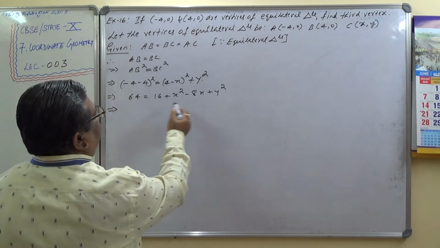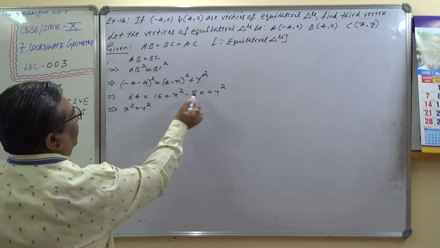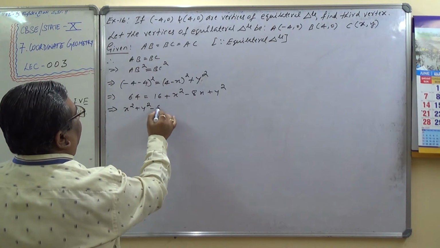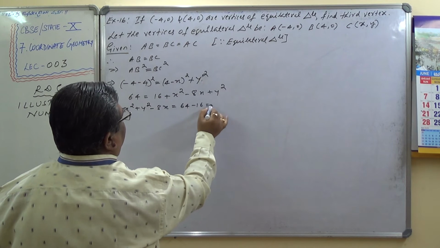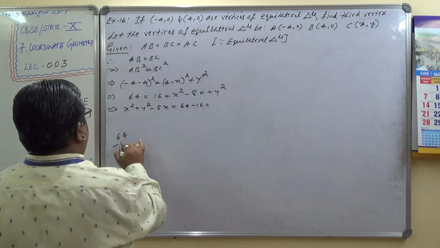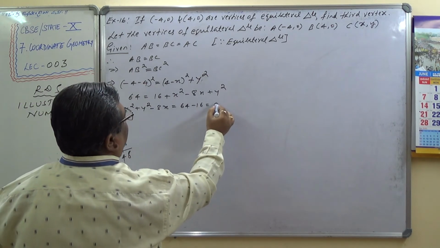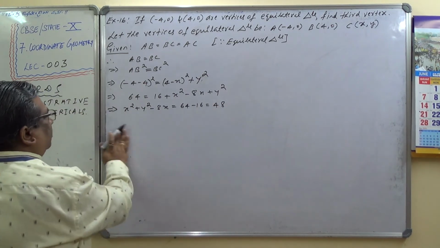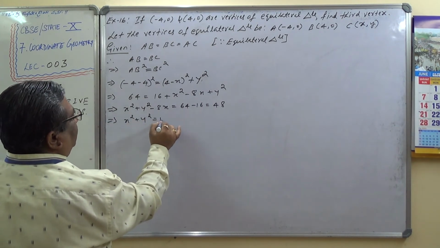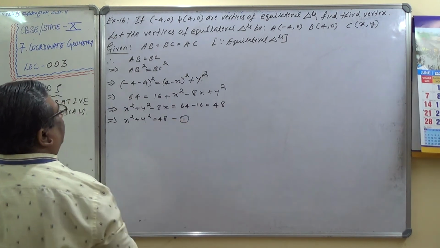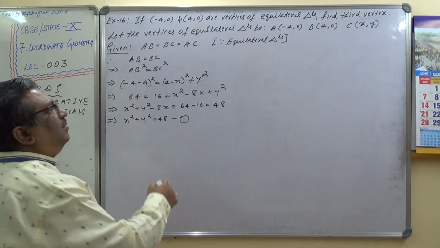So 64, 16. Therefore x square plus y square minus 8x is equal to 64 minus 16, which is 48. Okay, so we have x square plus y square equals 48. Mark it 1.